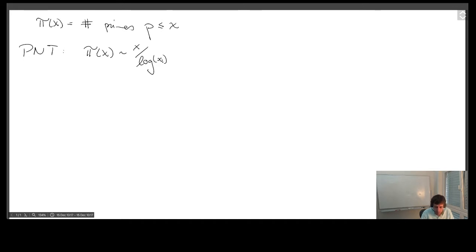Okay, and we defined a few other functions that I'll need. We defined this function ϑ(x) to be the sum over p smaller or equal than x of log p. And then we showed a few things, and I gave these things some numbers because we're using a reference so that you can go and look at the reference.